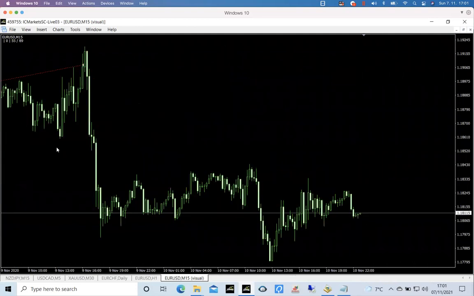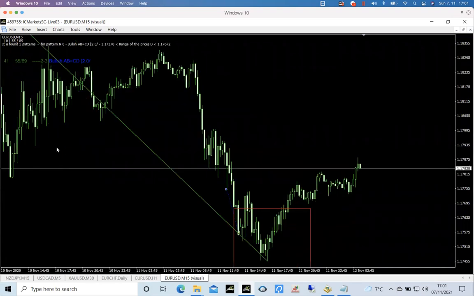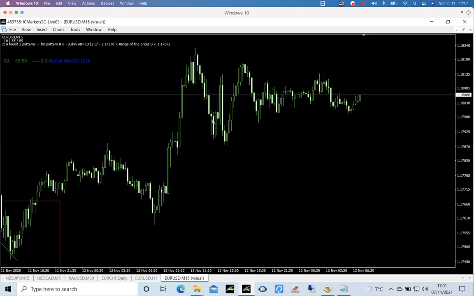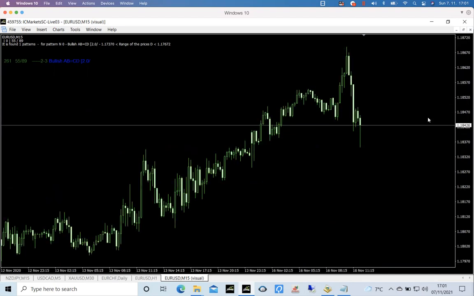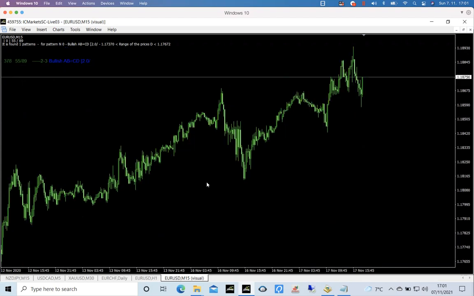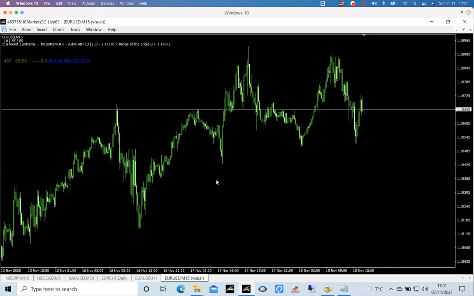As you can see, it's starting to try to find patterns. This is a pattern. It bought already here, as you can see, and it's waiting for the target. Now, let's just zoom out a little bit. It still didn't achieve the daily target for this.